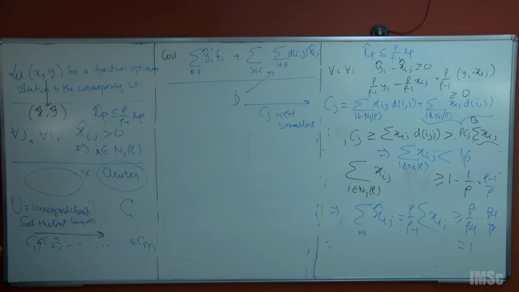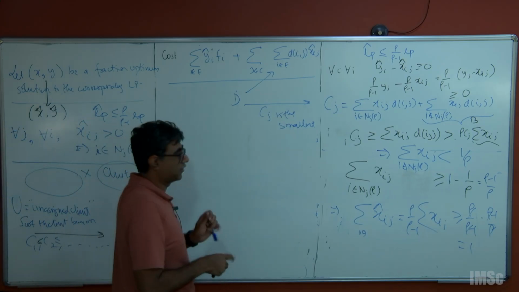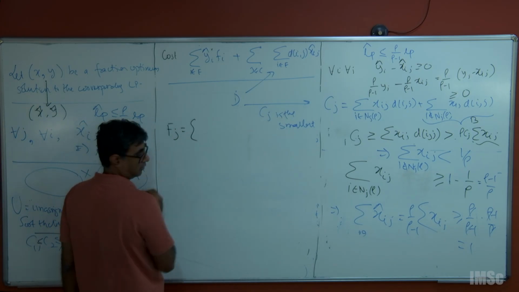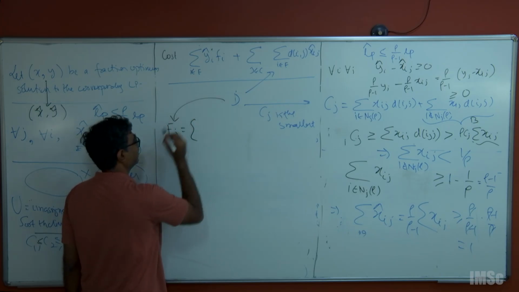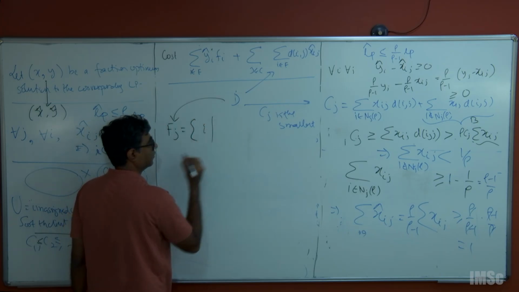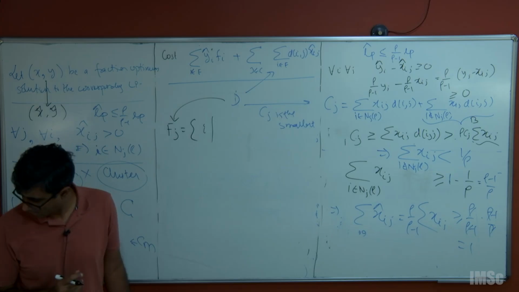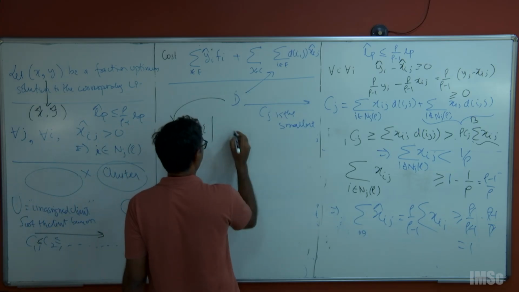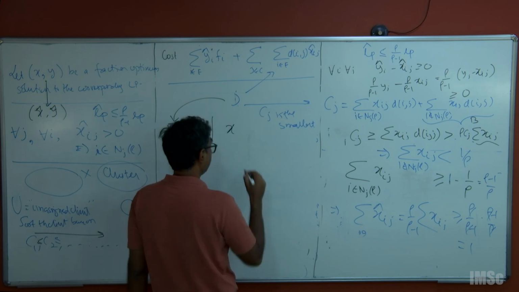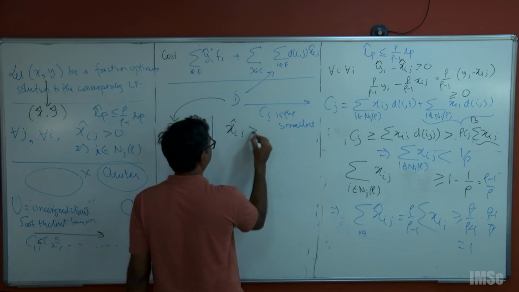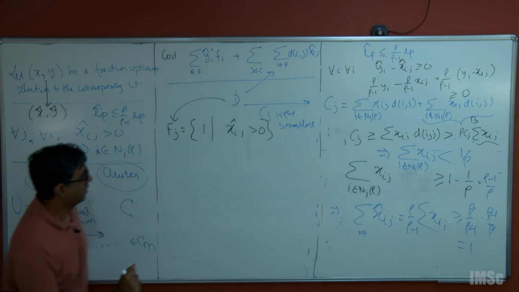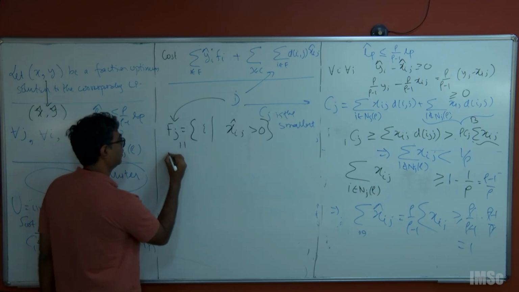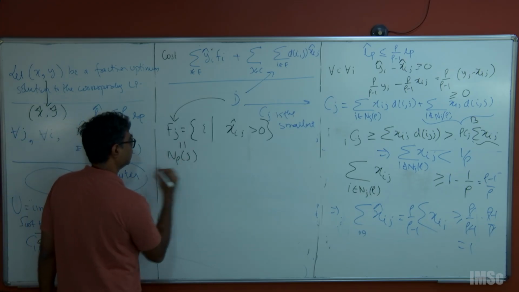If I am looking for a good approximation, then I can look at the facility that he is assigned to, for all those i such that xij hat is greater than or equal to 0. This is the ideal thing, but this is exactly equal to what? This is what it is.